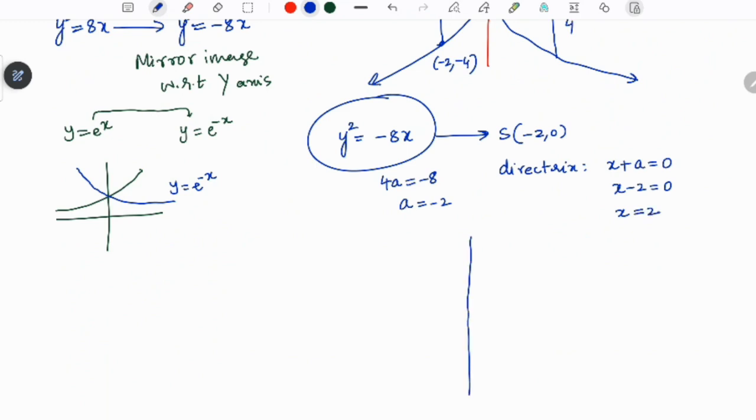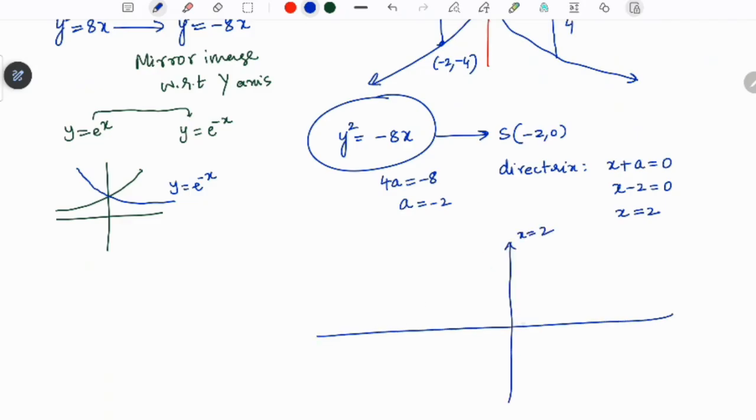So x equals 2 is here. The focus is minus 2 comma 0. Okay. The axis is again y equals 0. What is this point? The foot of the directrix, that is 2 comma 0. What is the vertex? The midpoint of the focus and the foot of the directrix, that is 0 comma 0.